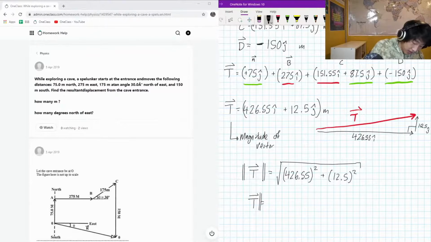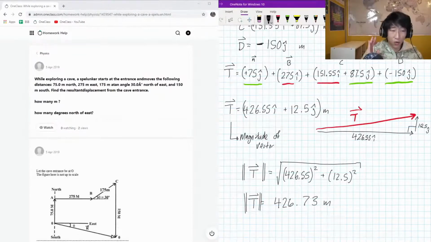So we just take this calculation: 426.55, square that, add 12.5 squared, take the result and put it in the square root, and my result is 426.73 meters.